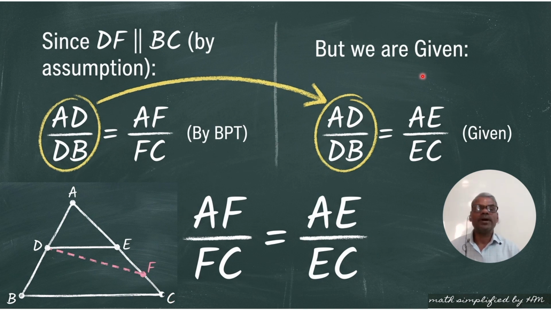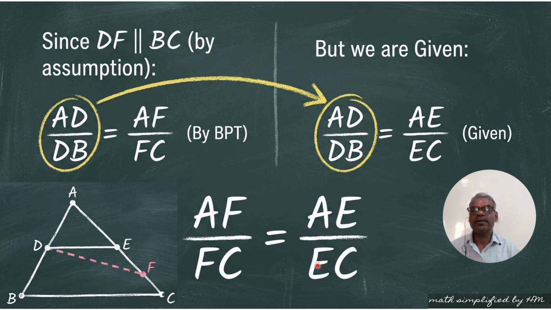But we are given that AD upon DB is equal to AE upon EC. As the left sides of these two equations are equal, their right sides must be equal. So we get AF upon FC is equal to AE upon EC.